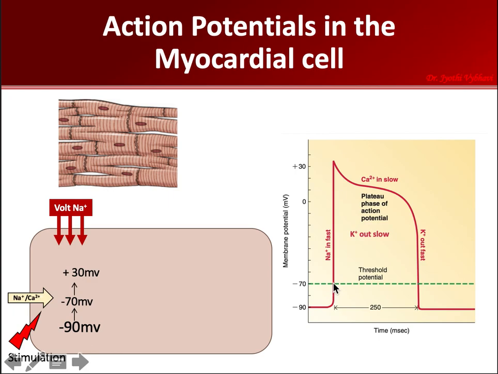At threshold potential, voltage gated sodium channels open, too much sodium and positivity come in, and it raises this potential to almost plus 30, almost a positive potential. So that is how the voltage gated channels work.